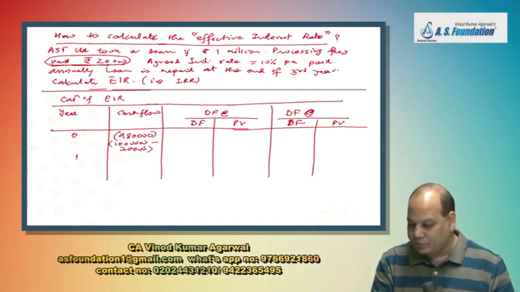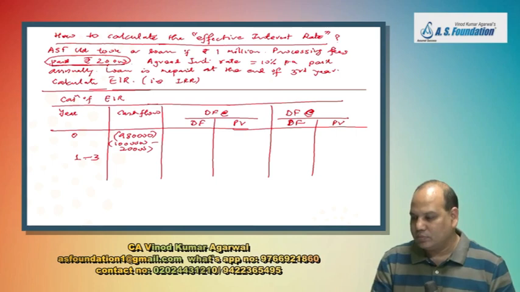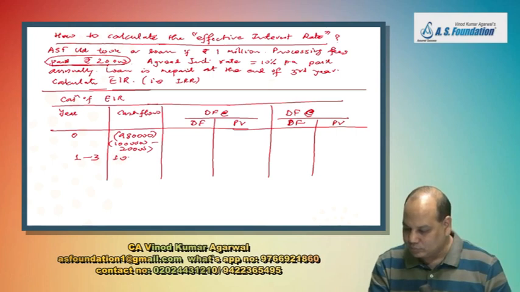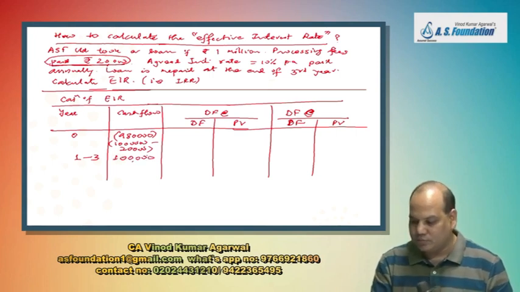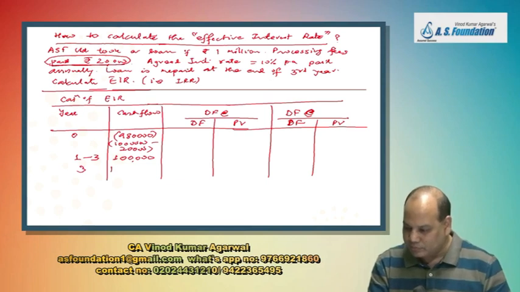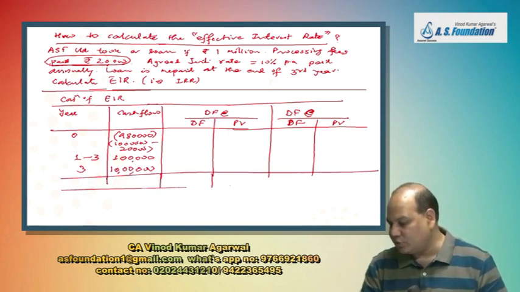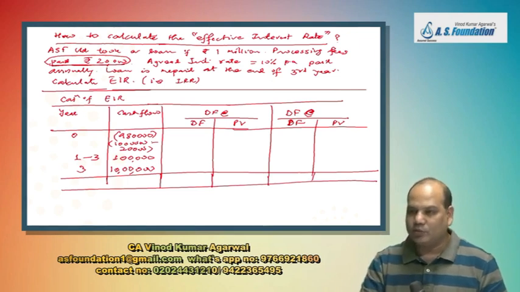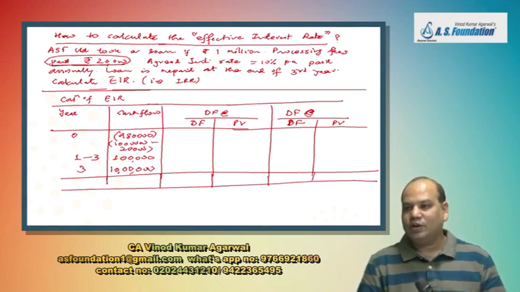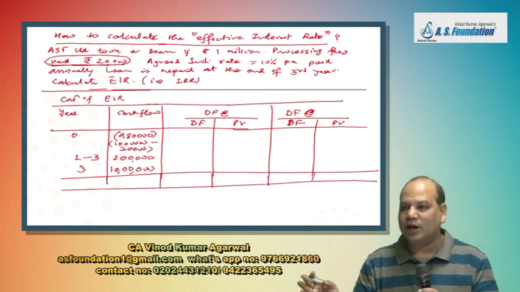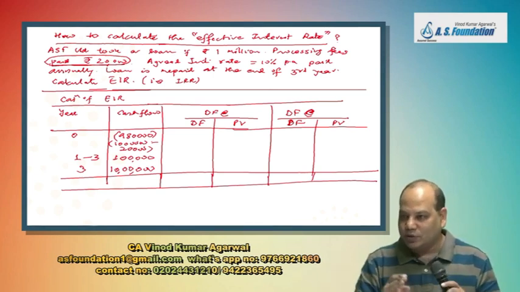And for years 1 to 3, you are going to pay 10% of 1 million, so 1 lakh. And in the third year, you are going to repay 10 million. Normally, our calculation will be easier if I present outflow followed by inflow. You can also present inflow followed by outflow. Ultimately, IRR will be the same. PV of cash inflow will be equal to PV of cash outflow.